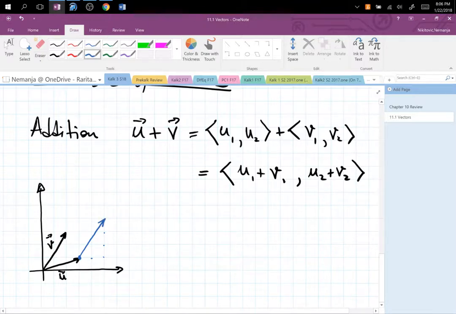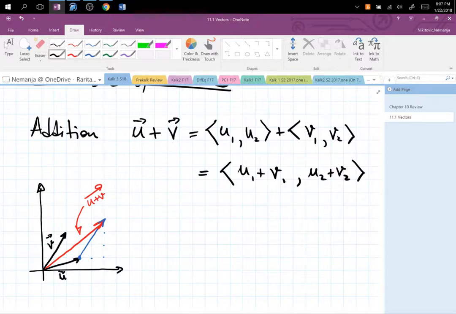So you will move vector v. You just translate that vector there. Right, that's what you do. You just move it to the right. And then this is your u plus v, the red one.